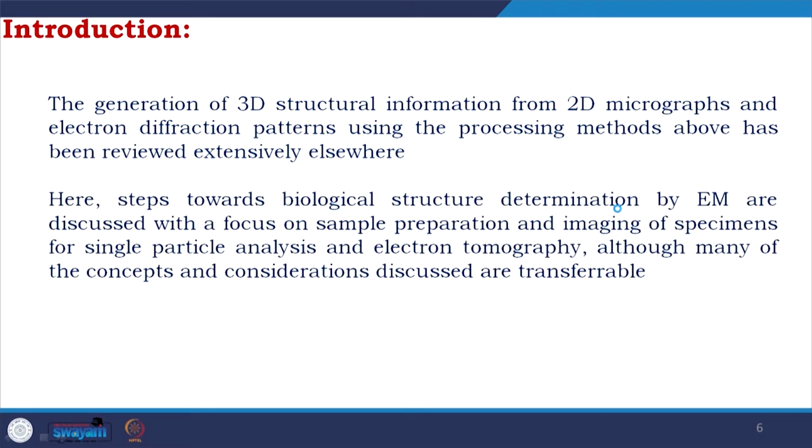Here, steps towards biological structure determination by electron microscopy are discussed with a focus on sample preparation and imaging of specimen for single particle analysis and electron tomography, although many of the concepts and considerations we have discussed are applicable to other systems. So, let us first take a look at the whole procedure by which cryo-electron microscopy works.